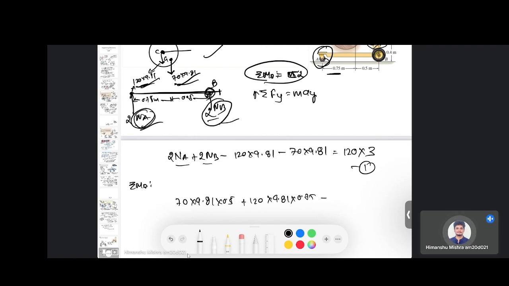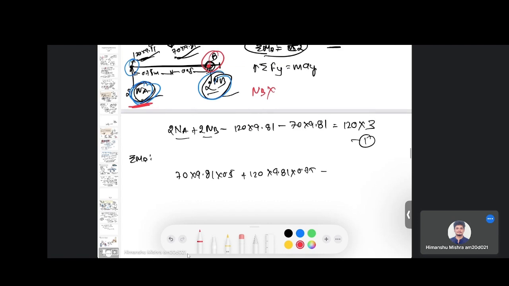Similarly, if you take the moment at point A, then this force NA will not create any moment. So you will have only one unknown, either NB or NA. Here we take the moment at point B, so there will be no moment from NB, and the only unknown you will have is NA.